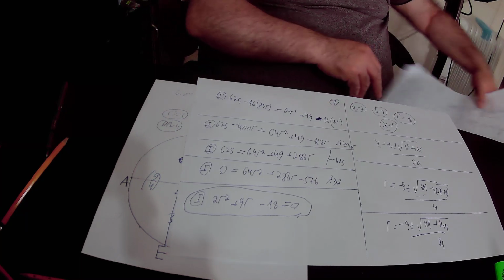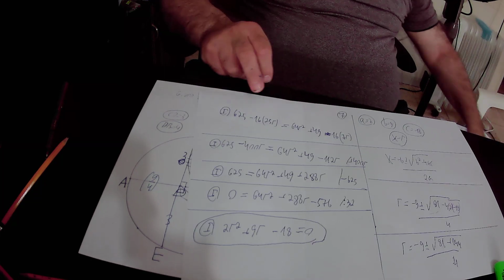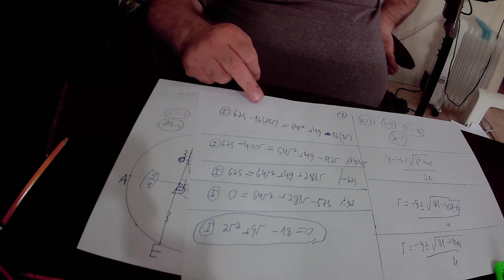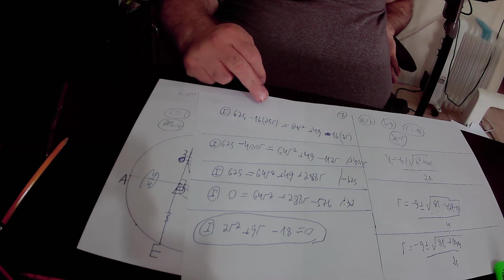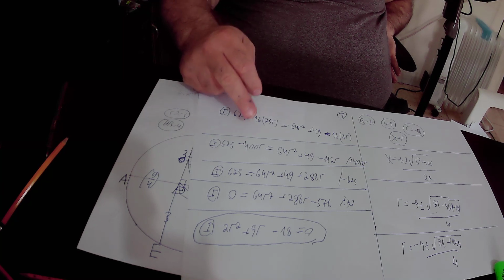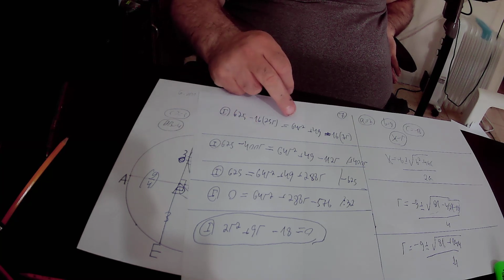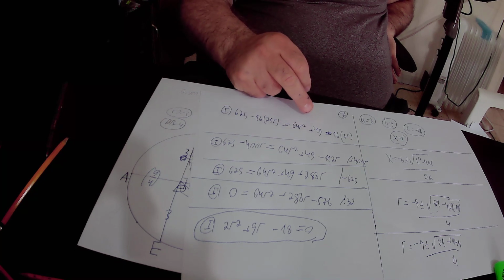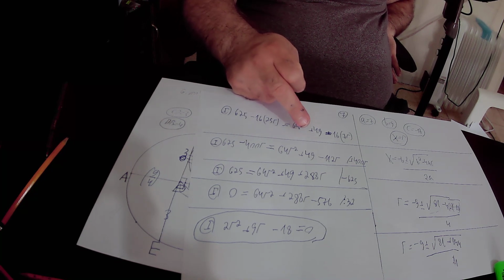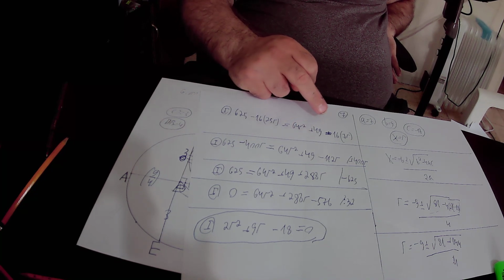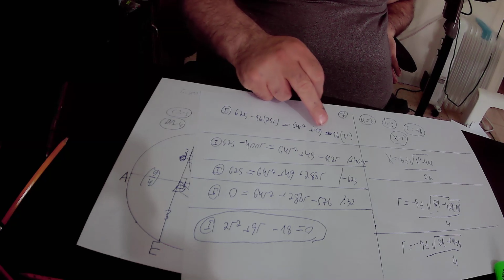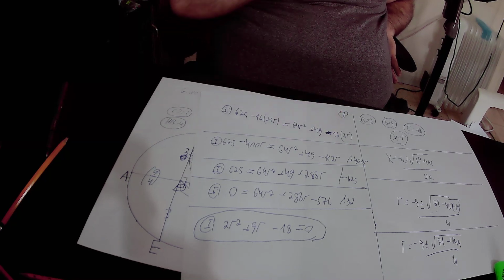And here we have 625, and minus 16 times 25R is minus 400R. That is equal to 64R squared plus 49, and minus 16R times 7R is minus 112R. Okay?